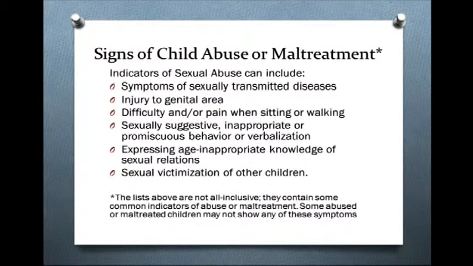Indicators of sexual abuse can include symptoms of sexually transmitted diseases, injuries to genital areas, difficulty or pain while sitting or walking, sexually suggestive, inappropriate, or promiscuous behavior or verbalization by children, expressing age-inappropriate knowledge of sexual relationships, and sexual victimization of other children.